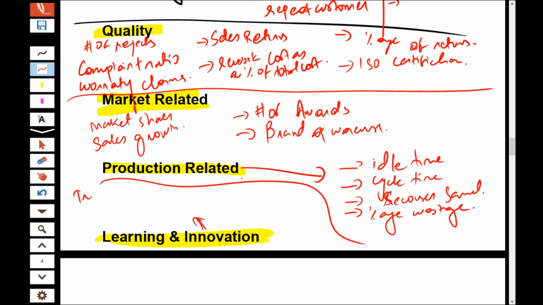Okay, we've got training cost, number of staff trained, number of patents registered, new products. Okay, good enough. This is really good to see the way you people are participating.